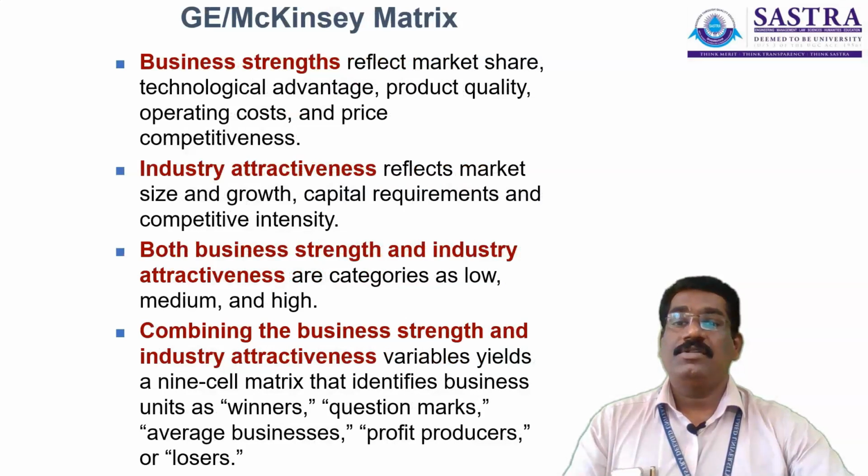When you talk about business strength, it reflects the market share, the technological advantage of the product, the product quality, the operating cost of the product, and also price competitiveness.